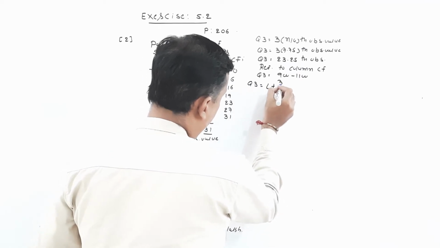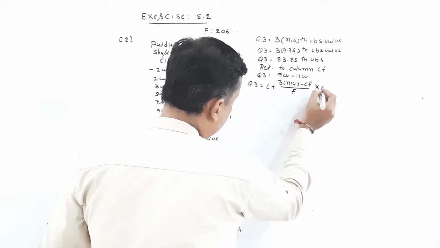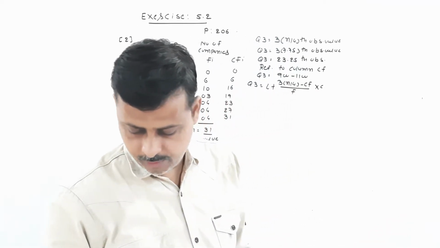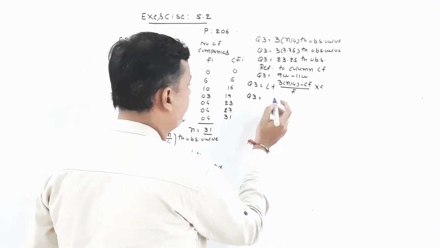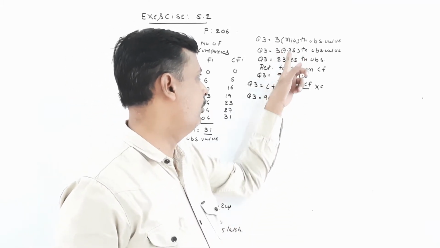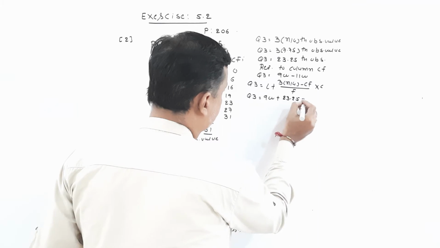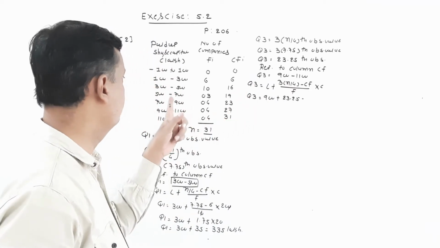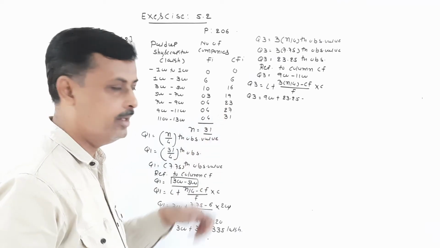Q3 is equal to L plus 3n by 4 minus CF upon F into C. Now we put in the values. L is the lower limit, that is 900. 3n by 4 is 23.25. CF, our Q3 class 900 to 1100, prior class CF is 23.